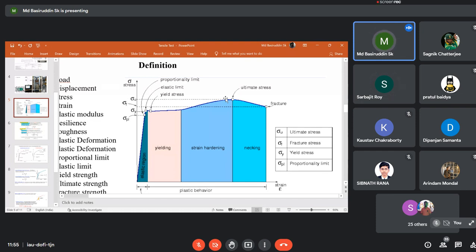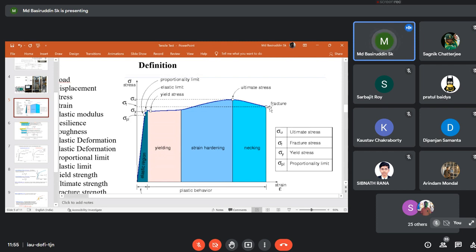So all of you please follow his answer: the load requirement will reduce based on the localized deformations. Locally, when the necking starts, the deformation rate will be relatively fast at the neck region. So that is why the load requirement will reduce, and the curve will go down till the fracture.